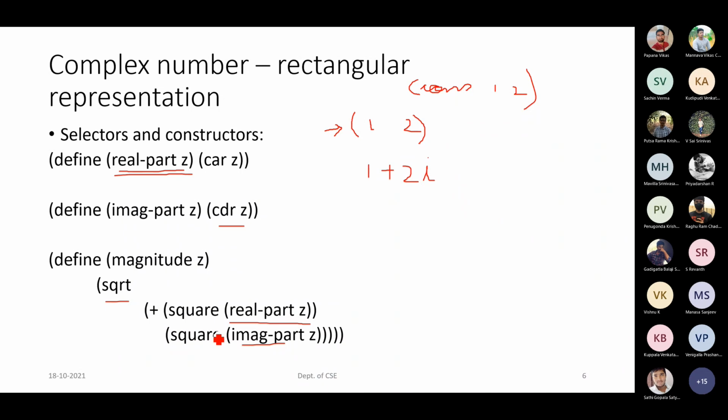So y square. Now you have x square value and y square value. Both we can add, and that will be passed as the argument for the square root procedure. The square root procedure would be applied and it returns the corresponding value.